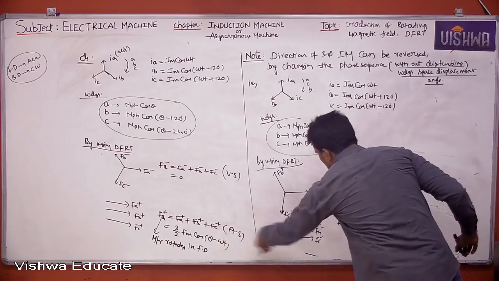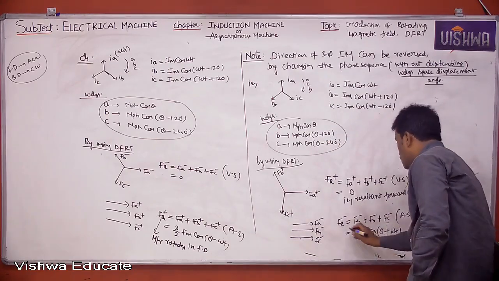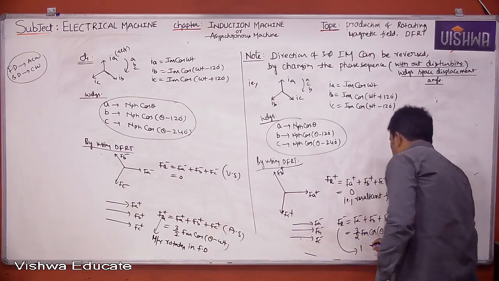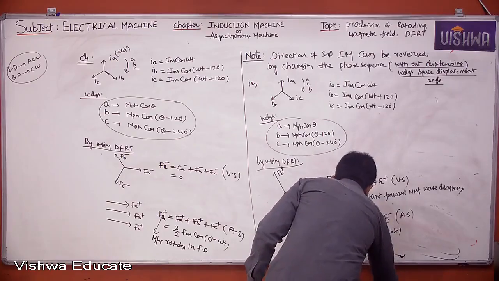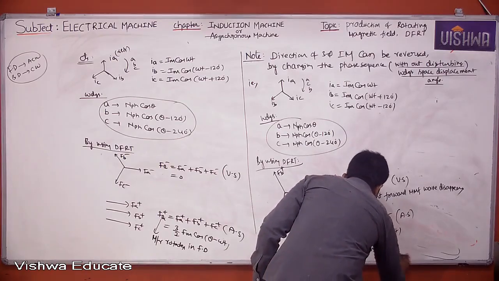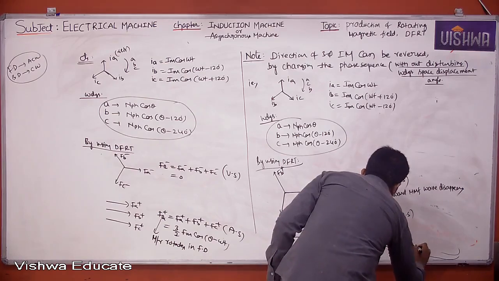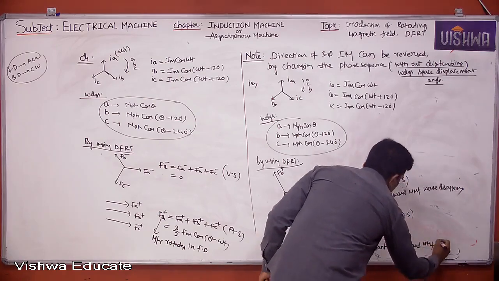Here it was a minus, now it becomes theta plus omega t. So what does this Fr minus mean here? Fr minus means the resultant backward MMF wave exists.